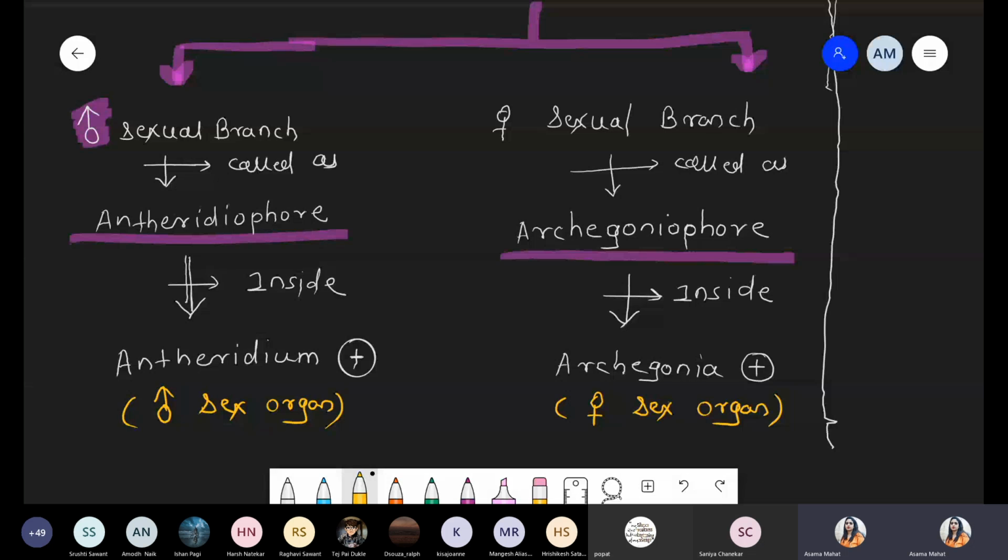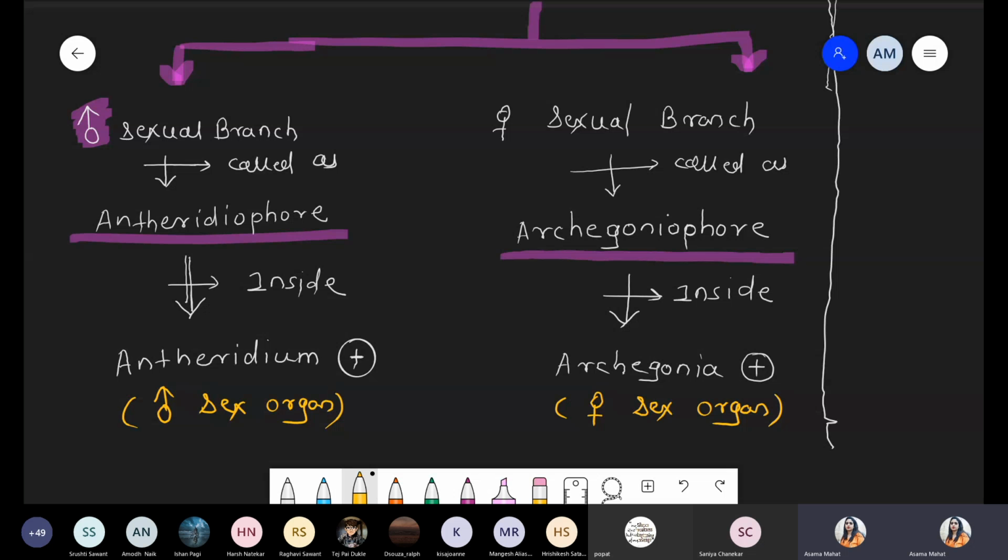So we are taking the diagrammatic representation, how to distinguish between the male and the female sexual branch in case of Marchantia. If anyone has an image of Marchantia, click a photo and share it in the chat box.